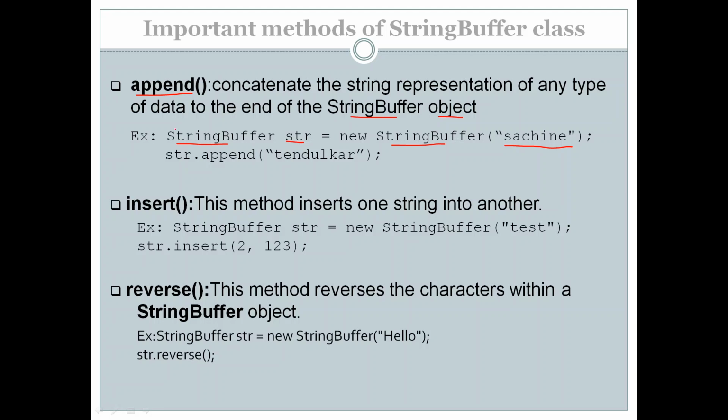Then how to use the append method: str dot append, in brackets whatever you want to add at the end of the string str, you can pass here. So we are passing Tendulkar. That means it will append Tendulkar at the end of str. What str contains? It contains Sachin. So at the end of Sachin it will add Tendulkar. So the new content of str will be Sachin Tendulkar, remember. So we are appending it at the end.